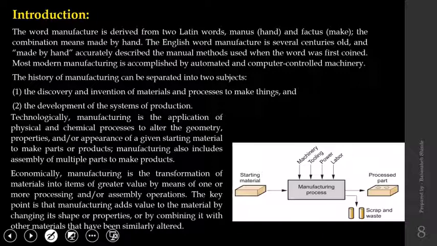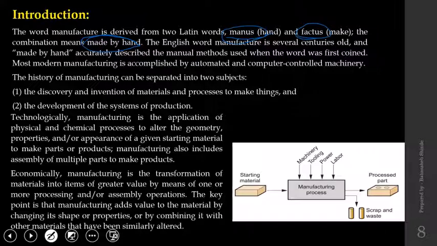What is meant by manufacturing, or how did it come into existence? Manufacturing, if you split that word manufacture, you will get two words. It's a combination of manus and factus. That is basically a Latin word, and the combination of those two gives us the things that are made by hand.